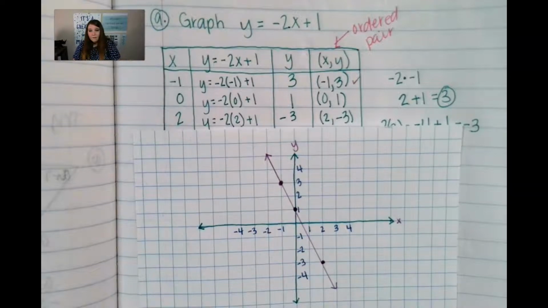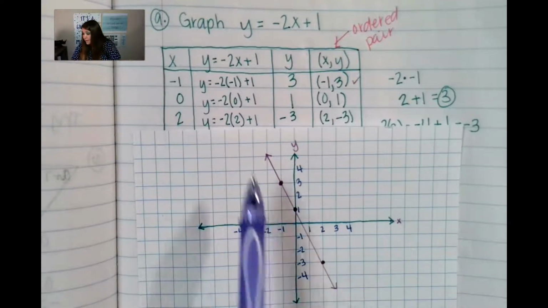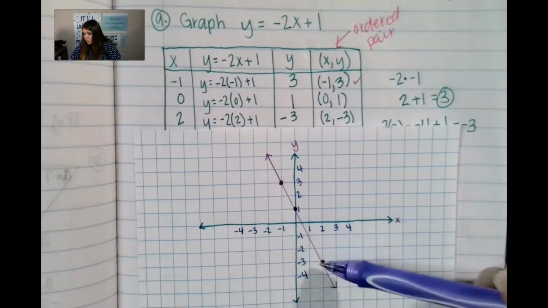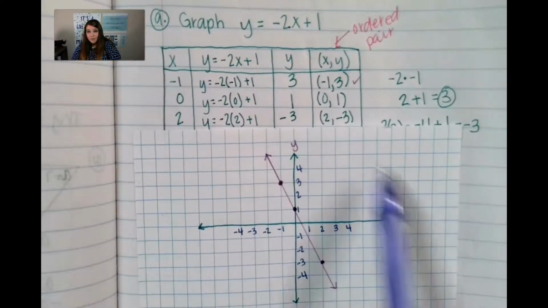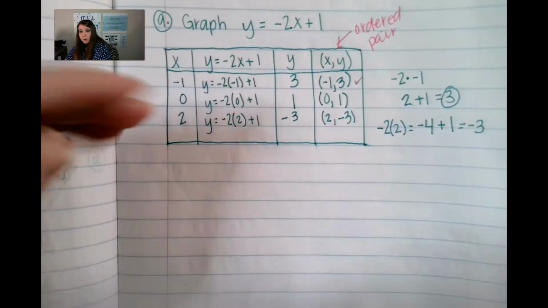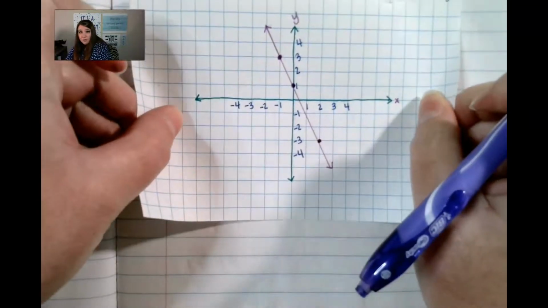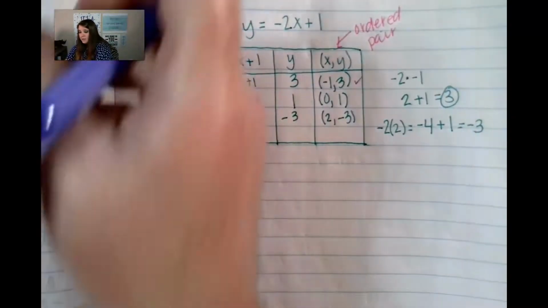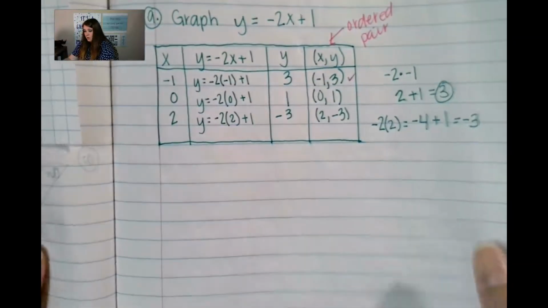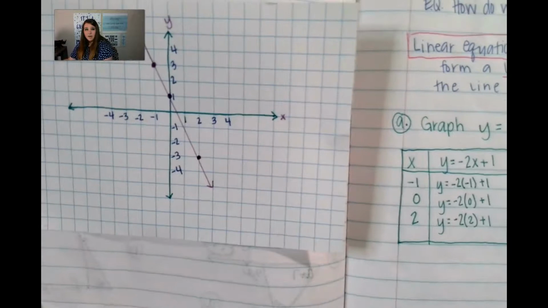So we have a linear equation here because it's a straight line. It has the solutions on the line. This is a linear equation. So I'm going to go ahead and just put my graph right here on the side of my paper, just like that.